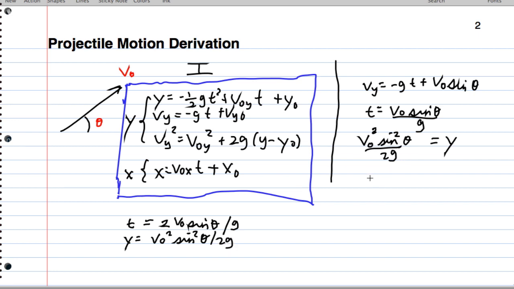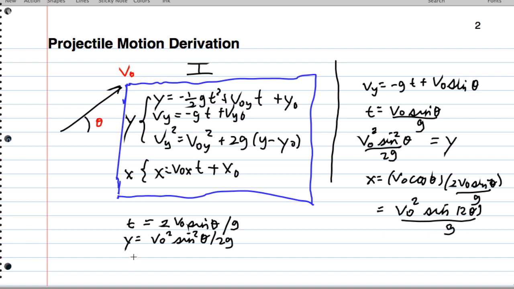And then to get our range, that's going to be V naught cosine theta times 2 V naught sine theta divided by g. And when we work this out, this works out to V naught squared times the sine of 2 theta divided by g. So my range is equal to V naught squared sine of 2 theta divided by g.